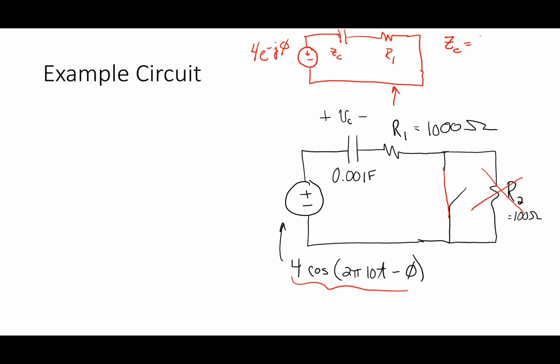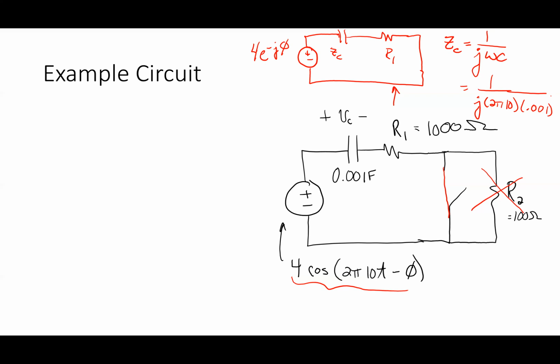Negative 15.9 is what I got. All right, you skipped ahead a couple steps here. So how did you calculate that? I said negative 1 over 20 pi times 0.001, multiplied by j. Okay, so what you did is you said 1 over j omega C, where omega in this case is 2 pi 10, and C is 0.001 farads.